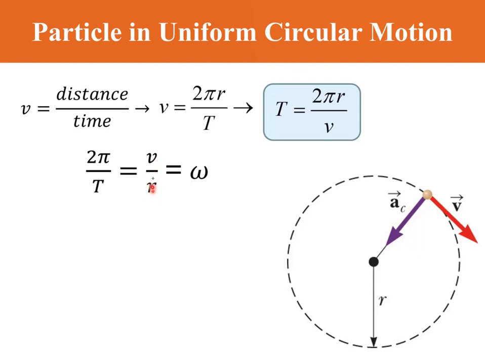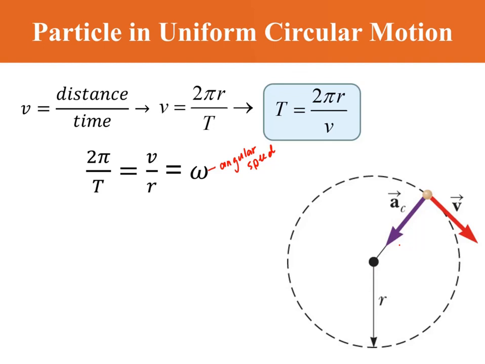So v over r, or 2 pi over T, is equal to omega, where this omega is known as angular speed. Angular speed means how fast the angle changes, because when an object moves in a circle, the angle of the object will change.